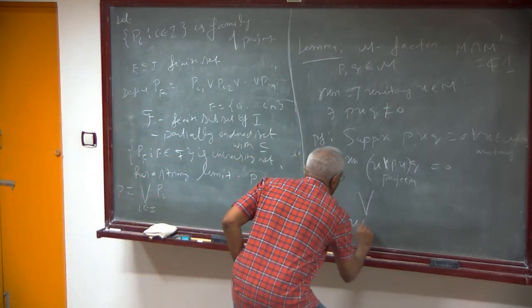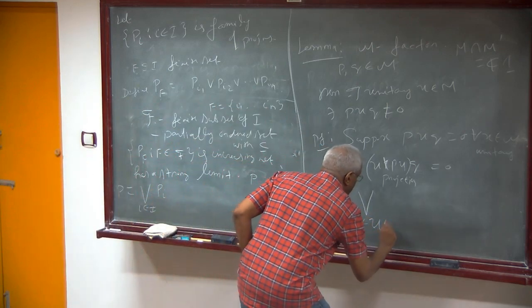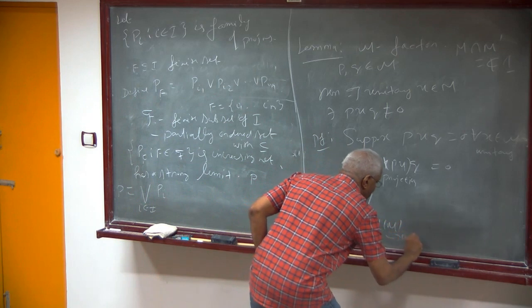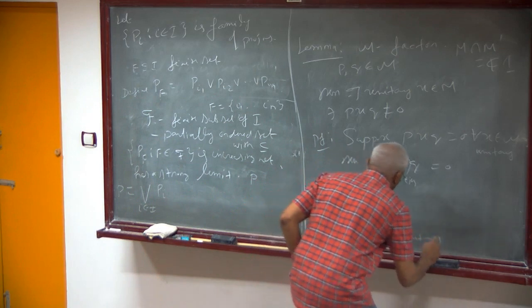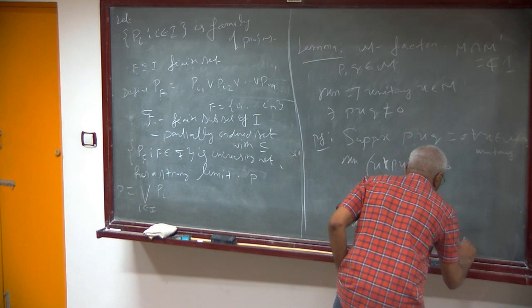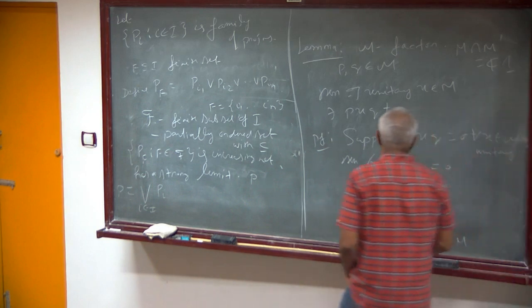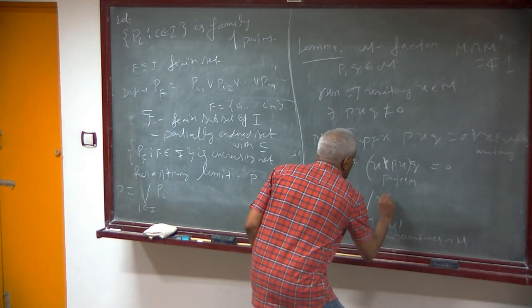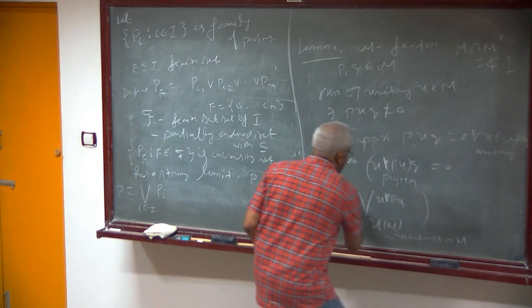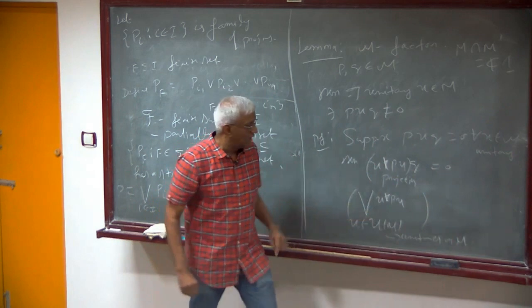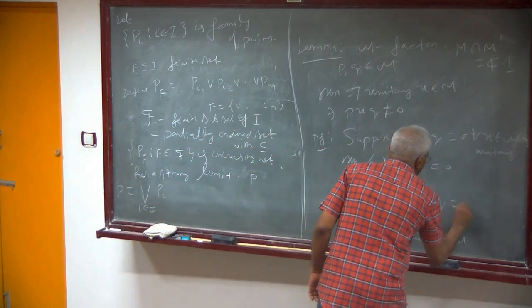So U in U(M), the unitaries in M, is my notation. You take all the unitaries in M and then use this projection here. This is the single projection, acting on Q it is 0.